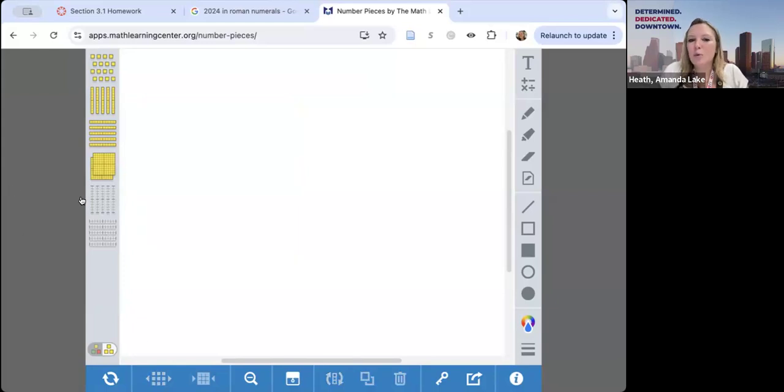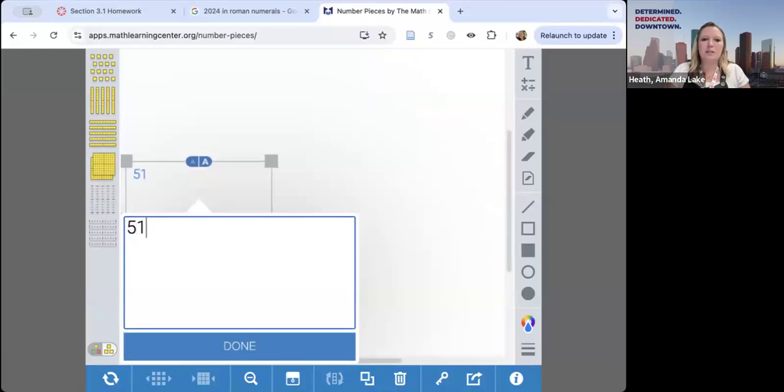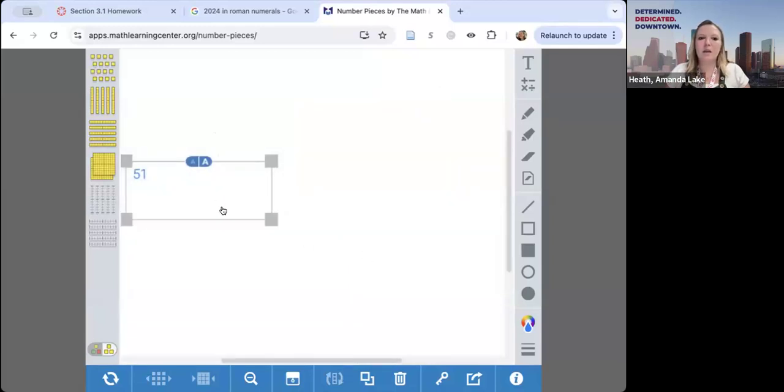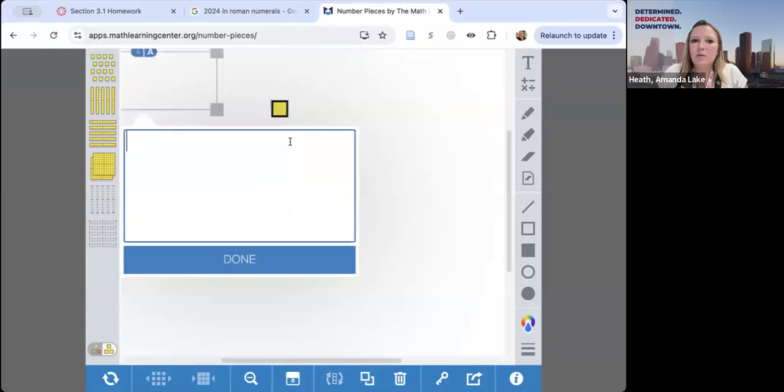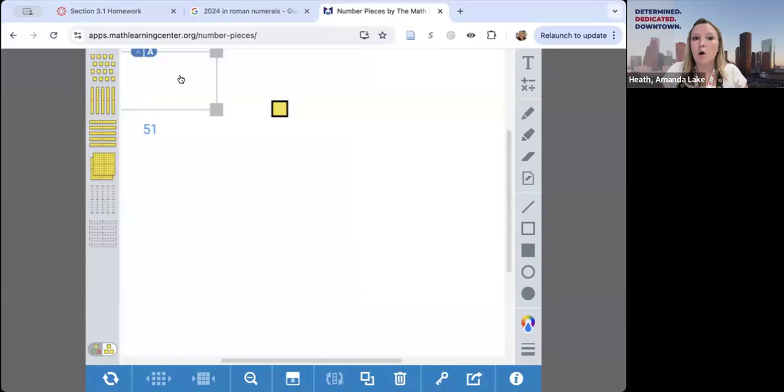The first example we were going to do is 51. So if I want to represent 51, then I need to see what's the smallest place value that I need to represent. And it's a 1. So the ones place. So what I can say is, let's let 1 unit block just be equal to our 1, our whole 1.